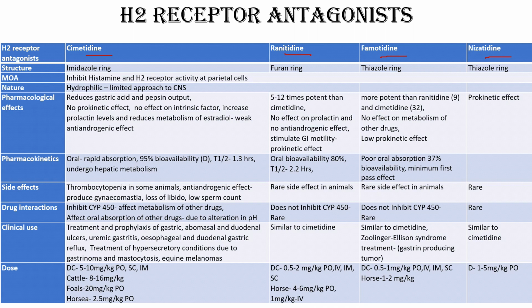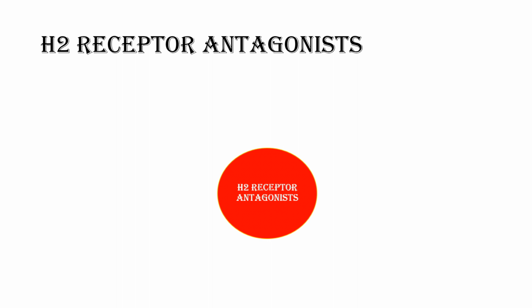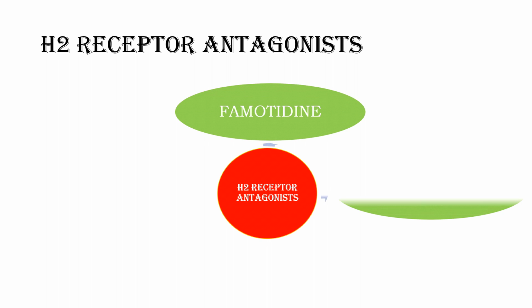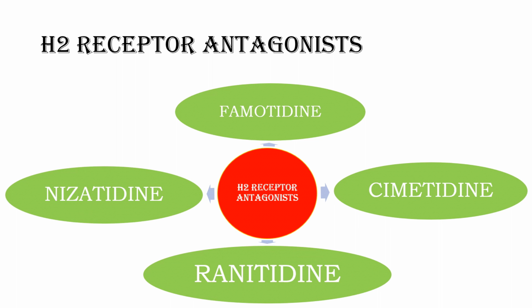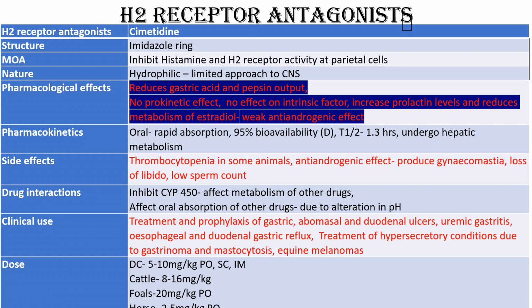So let's turn to the first agent, cimetidine. These are the four H2 receptor antagonists: cimetidine, ranitidine, nizatidine, and famotidine. We'll see them one by one.